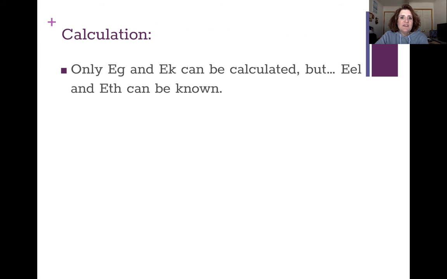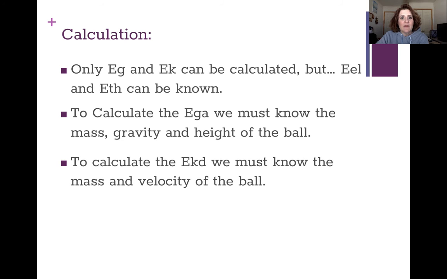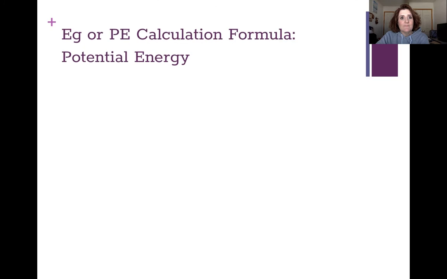So only Eg and Ek can actually be calculated, but Eel and Eth can be known. To calculate the Eg at A, we must know the mass, gravity, and height of the ball. In order to calculate the Ek at position D, we would have to know the mass and velocity of the ball. But knowing the total Ek or Eg at any position allows us to calculate information for other locations.